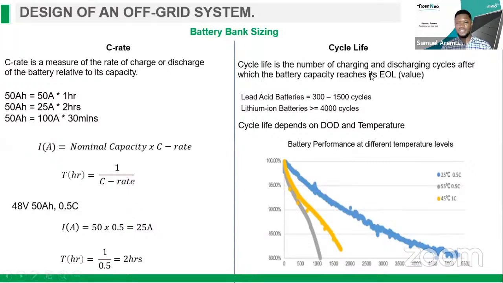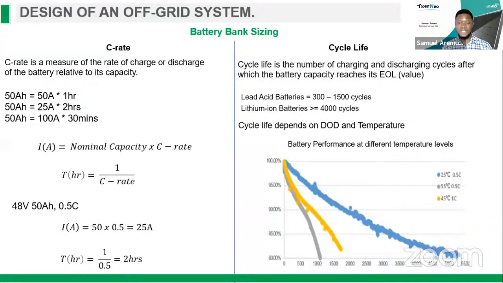Then two is the cycle life of the battery. The cycle life is the number of charging and discharging cycles a battery can reach before it gets to end of life. In most scenarios for lead-acid batteries, you have between 300 to 600 cycles, and maximum you see probably 1,500 cycles.